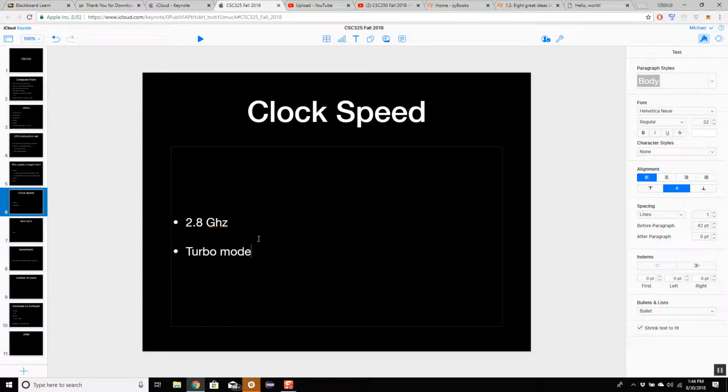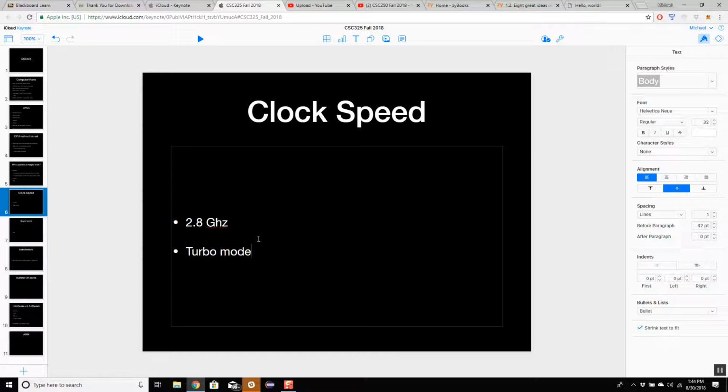Now, that's kind of compatible with this notion that most of the time we don't need the top speed. If most of the time we're using our computer under kind of normal conditions, check your email, browse the web, stuff like that, the difference between a clock speed running at 2.8 versus 3.2 is not going to be noticeable to us because we're only using a percentage of what our CPU is capable of doing at that point in time anyways.